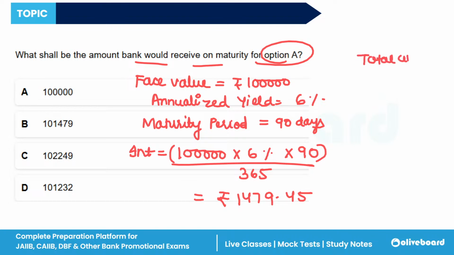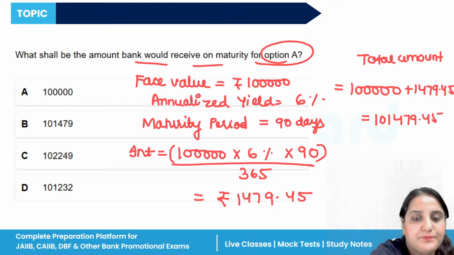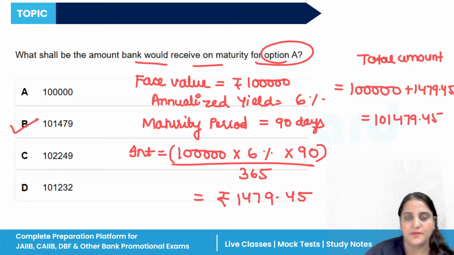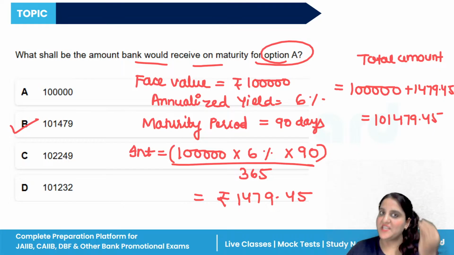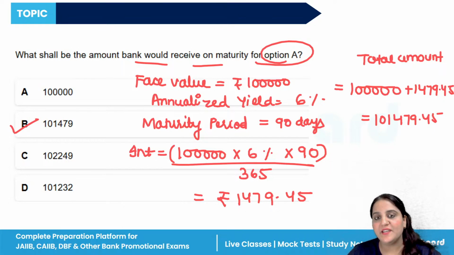Now we have to calculate the total amount. Total amount can be calculated by just adding the face value and this interest amount, which is equal to 101,479.45 approx. That means the correct option is option B. Simple. Face value given, annualized yield given, maturity period given.